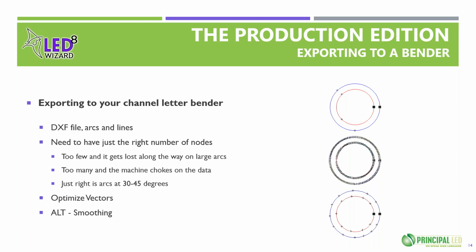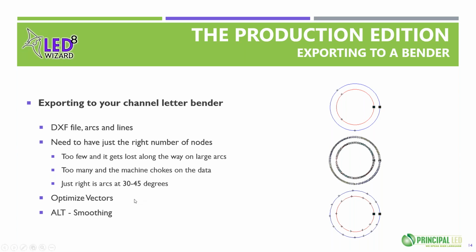So if you have all chords, which would be this center example here, or more commonly, if you have artwork that has Bezier curves, which will be essentially what you'll get out of Illustrator or Corel. A lot of applications create Bezier curves, and Bezier curves are great, because they can define a complex shape in a minimum number of nodes, but your router doesn't know about Bezier curves. So you have to convert from Bezier curves to lines and arcs.